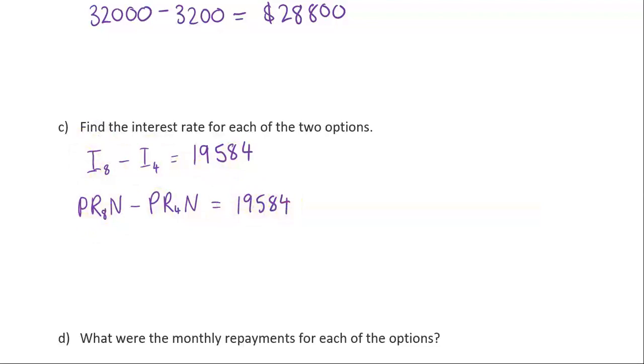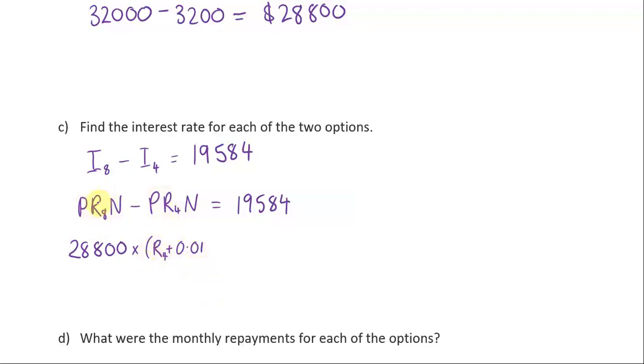Now we know the principal of the loan is $28,800. We know that our interest rate for the 8-year loan is the interest rate of the 4-year loan plus 1%. So we're going to call that R plus 1%, 0.01. We want to have the same variable for our two interest rates because it will make it easier to solve. So we'll call it R4, the interest rate of the 4-year loan.